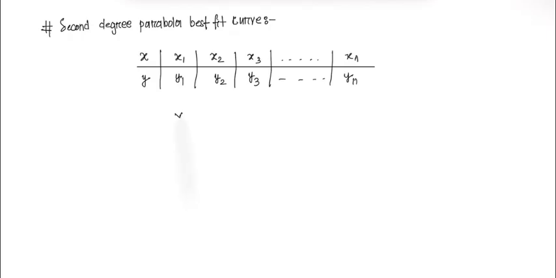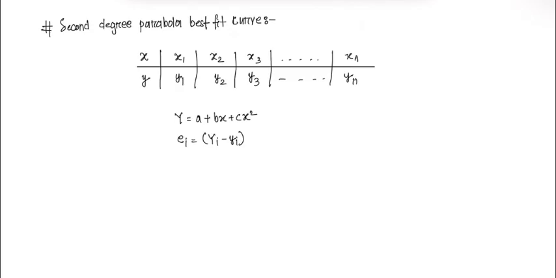So the equation is a plus bx plus cx square. This is the equation of the curve. Your difference is this one.